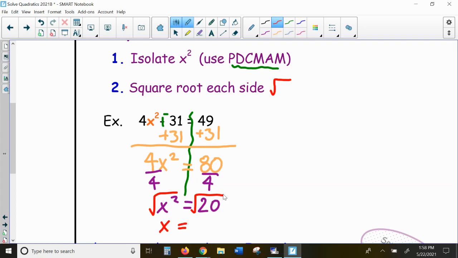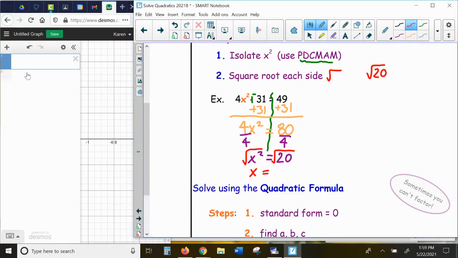Now this radical 20, I have to do what I have been doing with simplifying radicals. So I'm going to go off to the side and write my radical 20 because I need to take the square root, simplify radical 20. Now the first thing I would do, I would check to see if it happens to be a perfect square. So I'd probably get my calculator.